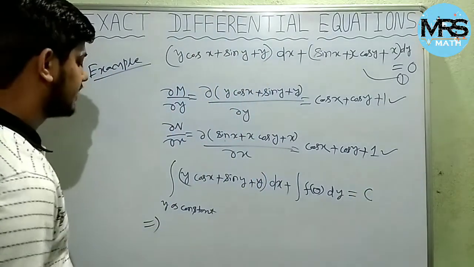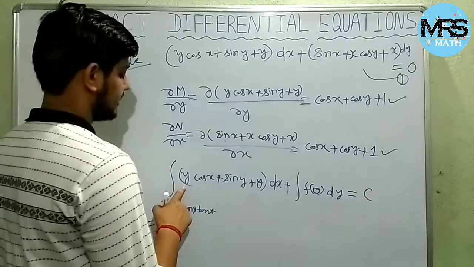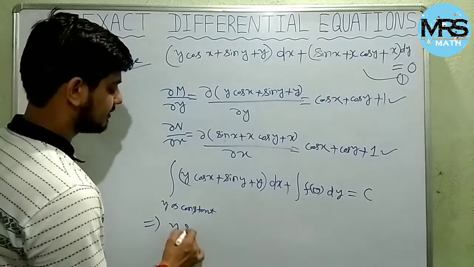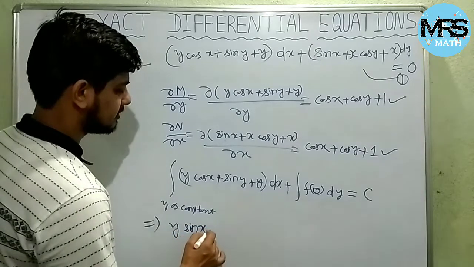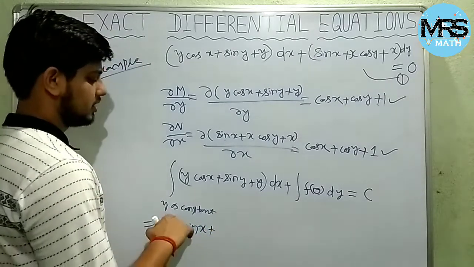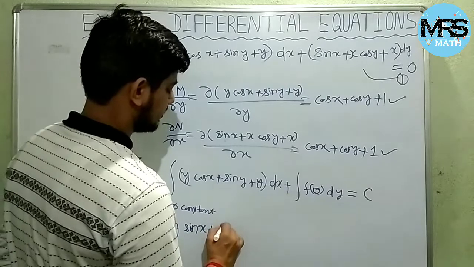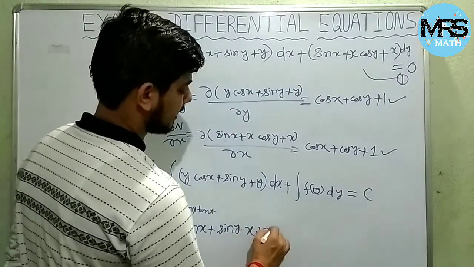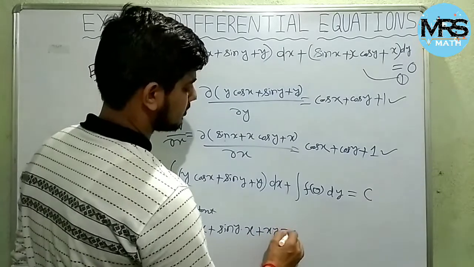Then what we get: if y is constant, y cos x integrates to y sin x, plus sin y times x, plus xy, equal to c.